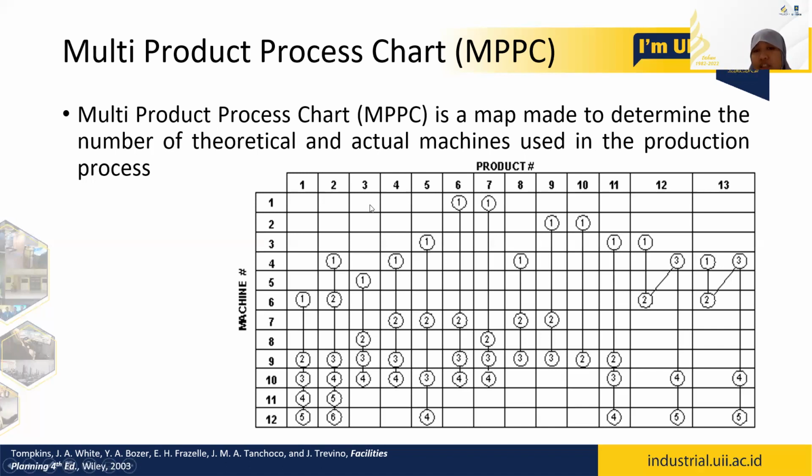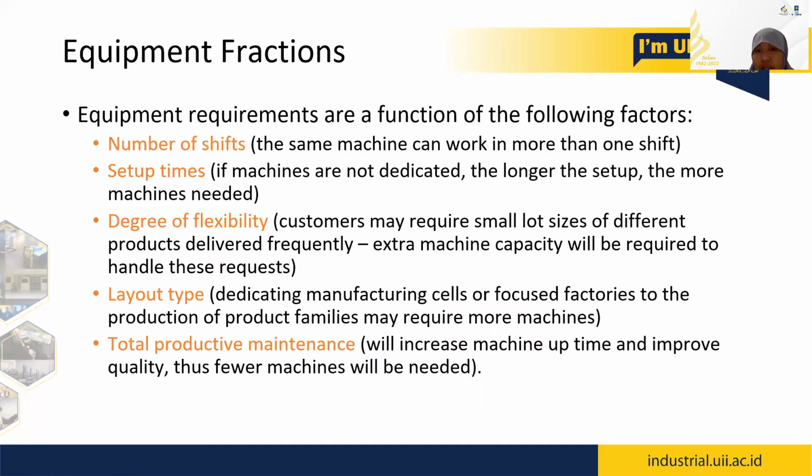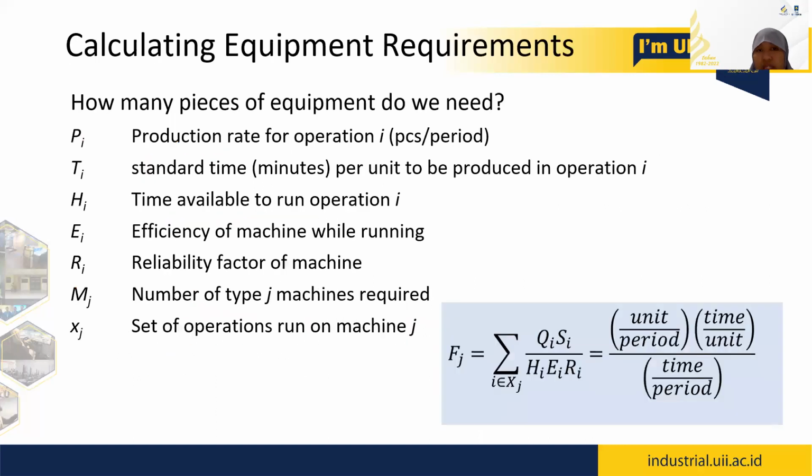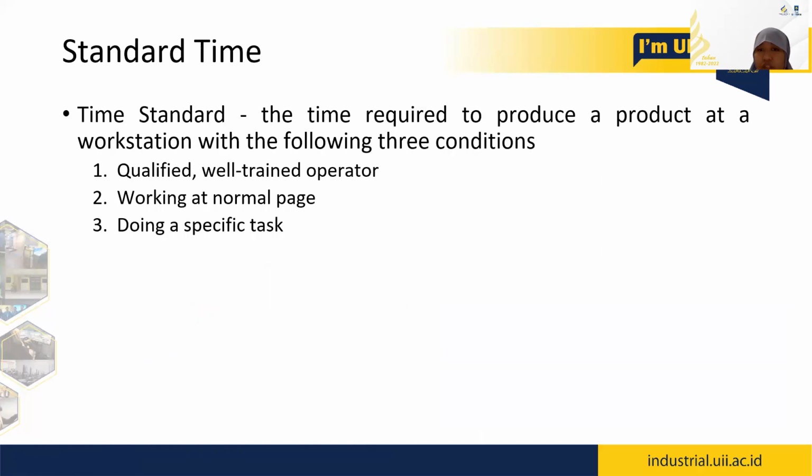We basically just calculate, okay, machine number 1 is being used by product number 6 and 7, so we at least need 2. However, if you want to be clearer about that, you can calculate it using this, if we have different numbers of products using the same type of machine.